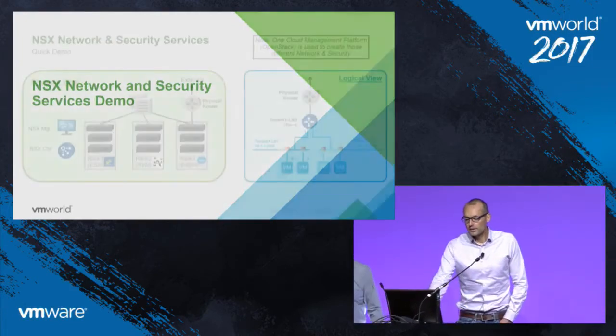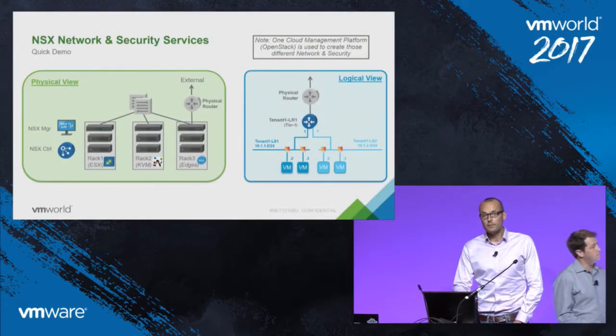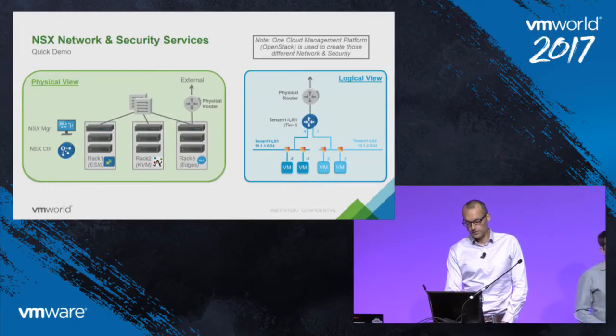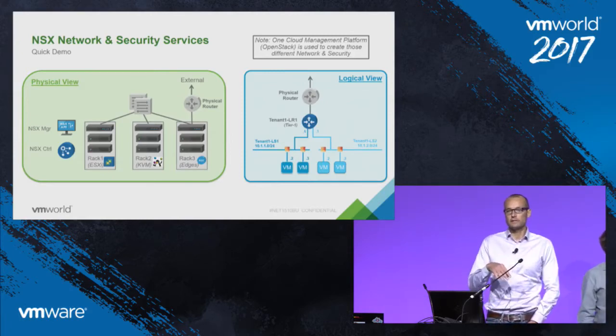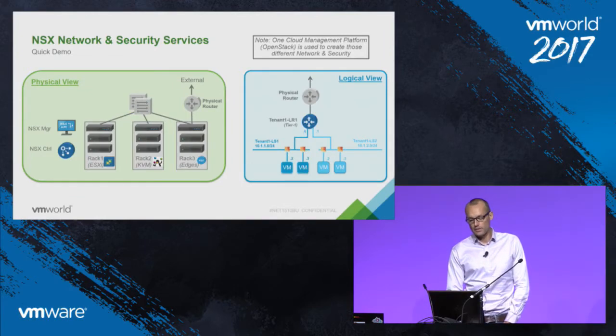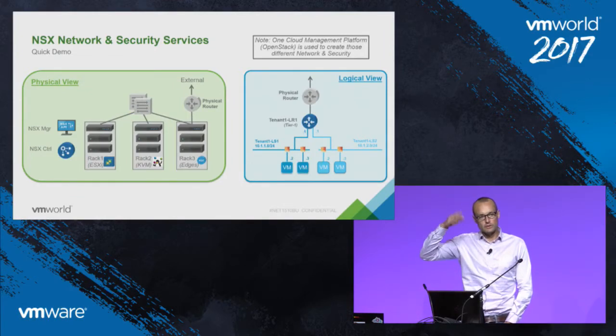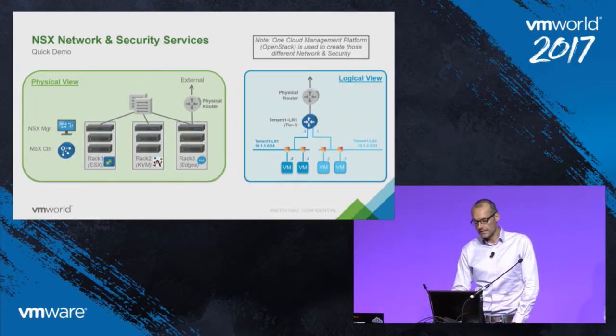So Andrew talked about a bunch of services we do offer. In that very same lab I showed you before, I will deploy a couple of logical switches and a couple of VMs on each, some VMs on ESX, some VMs on KVM, and they will be routed with a distributed logical router, and will go to the external world for north-south capabilities.